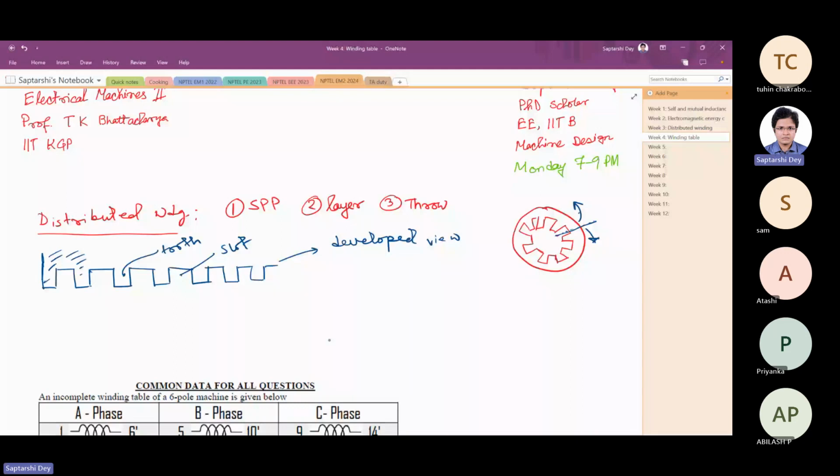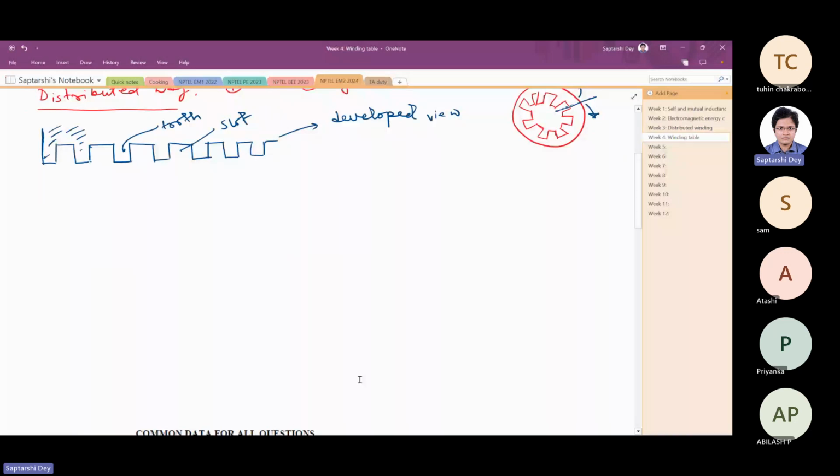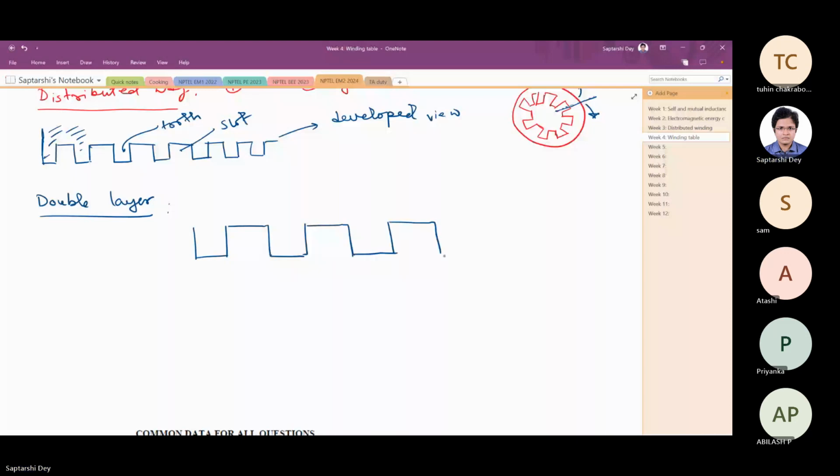Now we are talking about distributed winding. How is it done? Say double layer winding. Suppose one slot is here. Let me draw several slots. Again, I am drawing a developed view in this way.